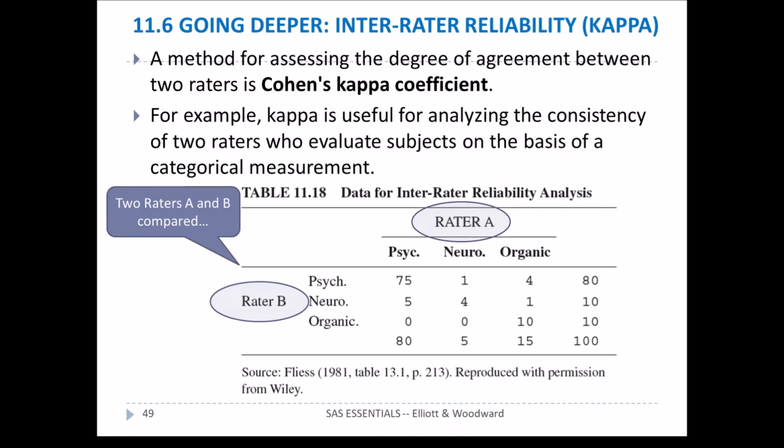If they come to the same conclusion, then the numbers on the diagonal should be high. The 75, 4, and 10 should be very high, and the ones off the diagonal should be low, because that's a disagreement. On the diagonal they agree; off the diagonal they disagree. We're interested in knowing, is this enough of a departure to say that the two raters are getting different kinds of answers?